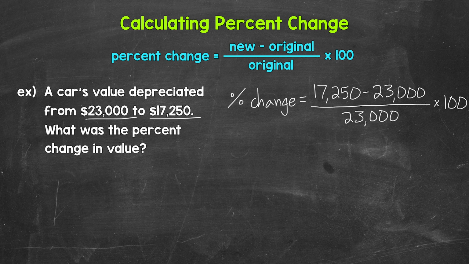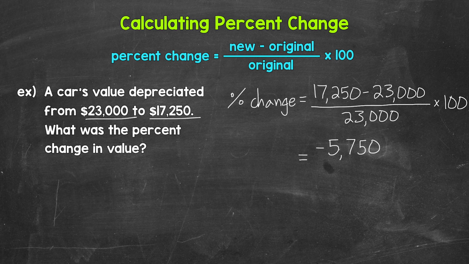So now let's work through this, starting with the subtraction. So we have 17,250 minus 23,000. That gives us negative 5,750. Now that's the amount of change. And since it's negative, that tells us we have a decrease.